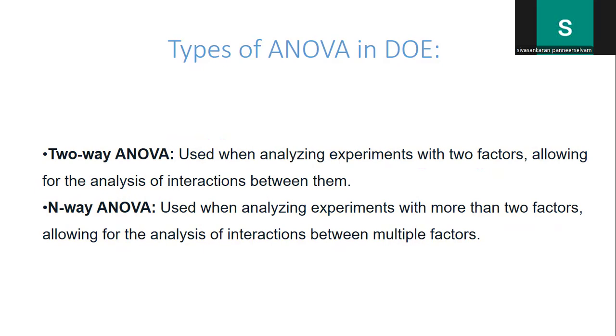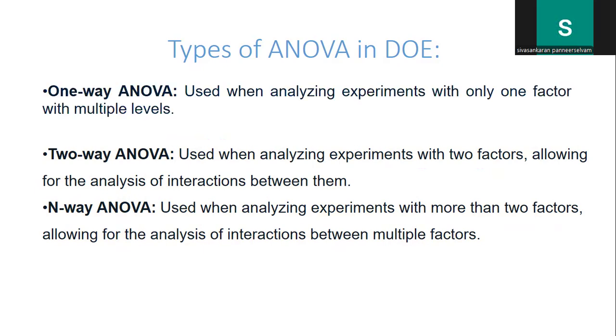Multiple-way ANOVA, that is multifactorial experiment, is used for analyzing experiments with more than two factors. Here also we can permit the interaction between multiple factors for further analysis. One-way ANOVA is used for only one single factor with multiple levels. So these are the different classifications of ANOVA in design of experiments.